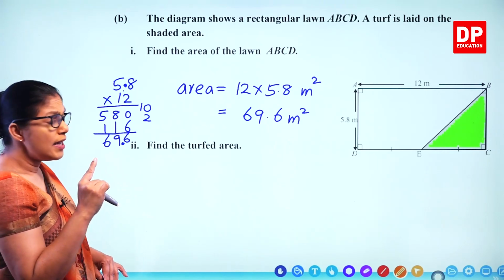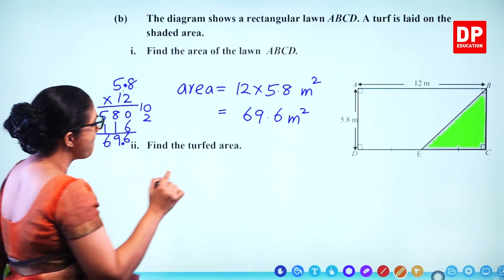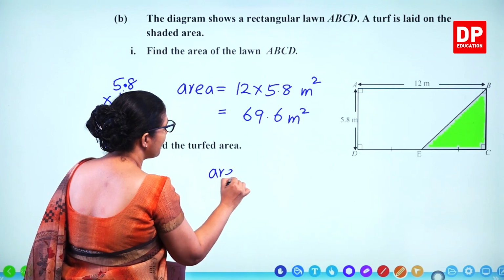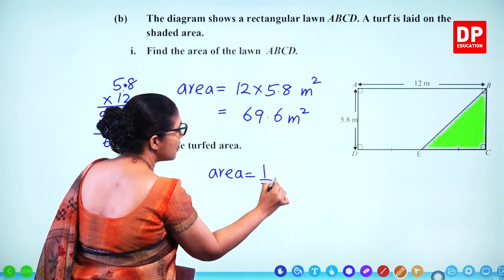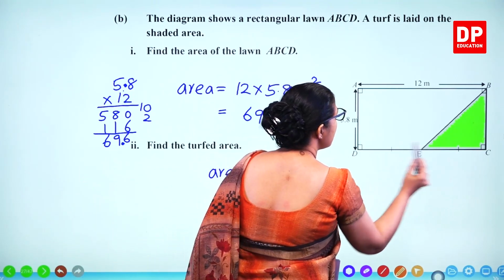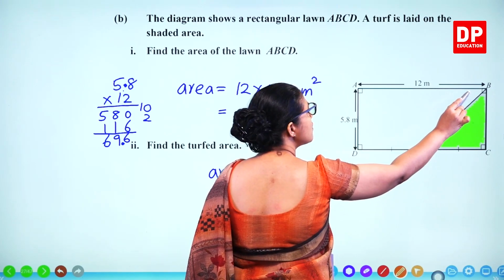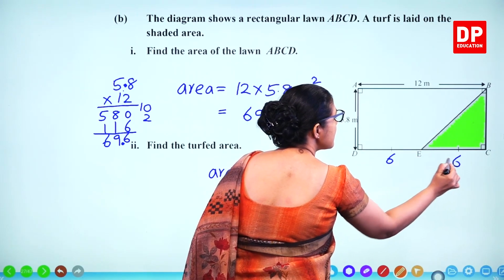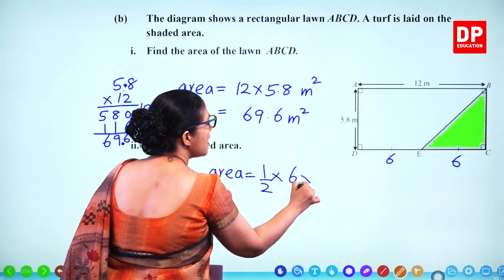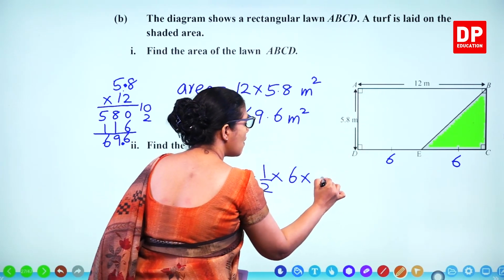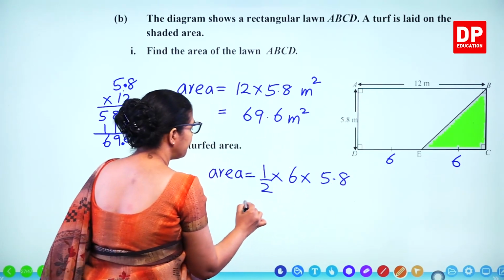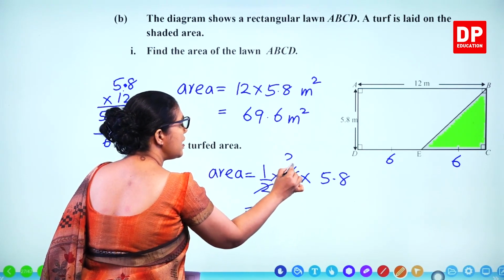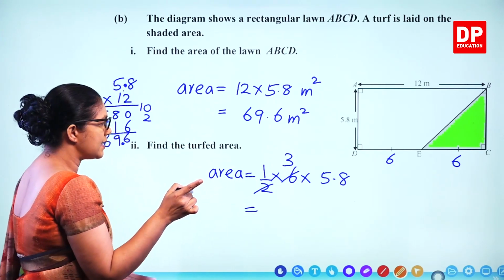So area of the triangle. So what's the area? Half. What is this length? Now equally divide. The total is 12. So this is 6 and this is 6. 6 and the perpendicular height is 5.8. So 2 times 3. So 3 times 5.8.